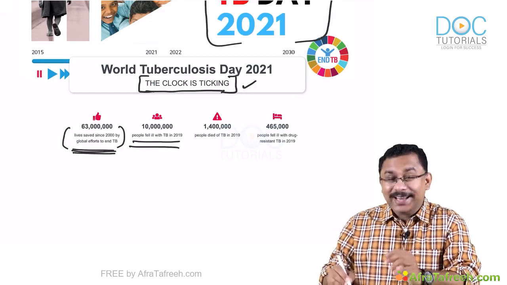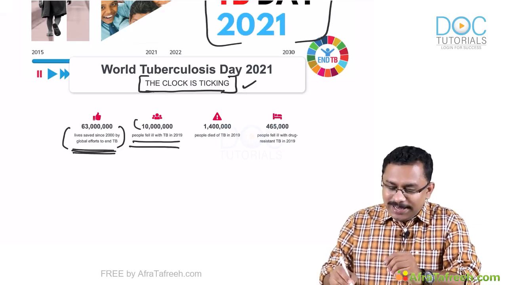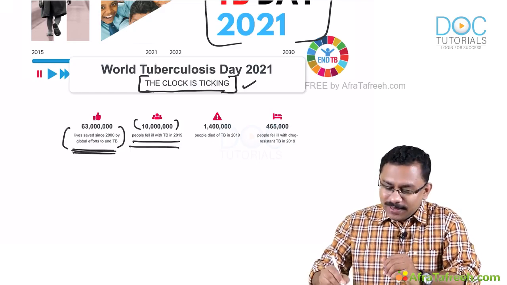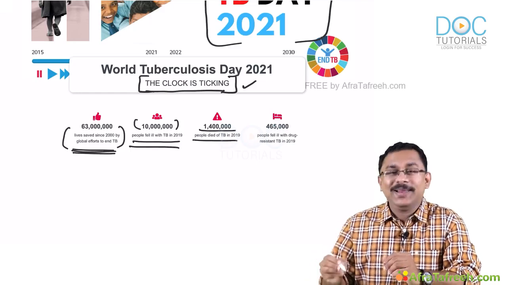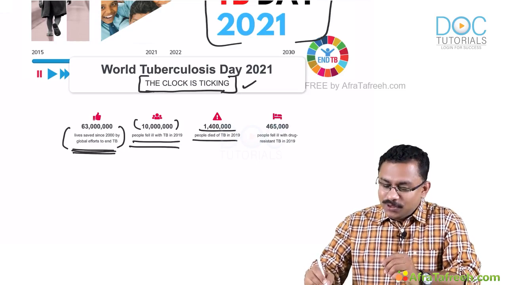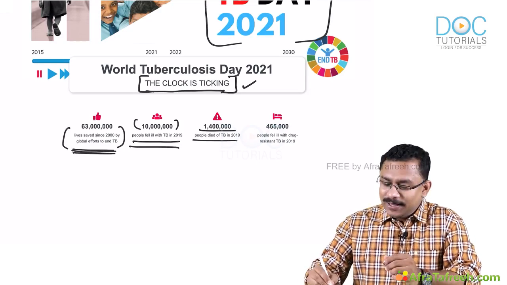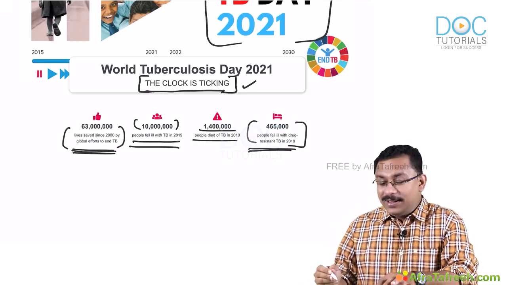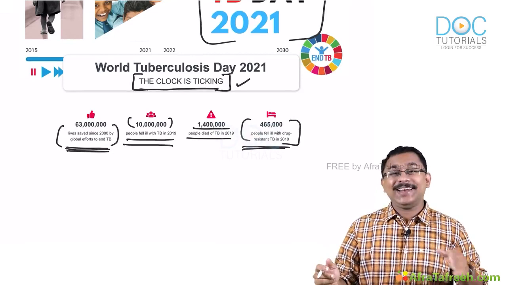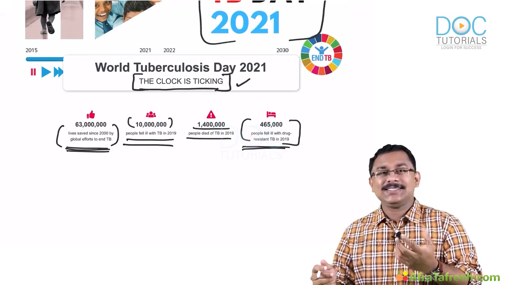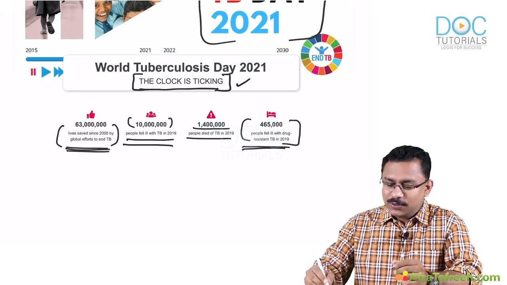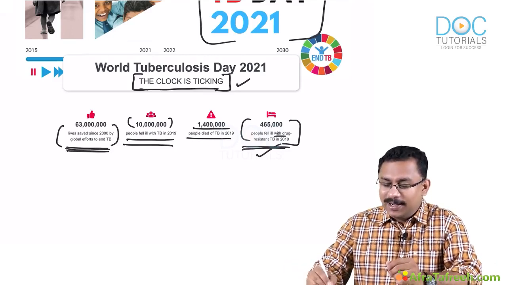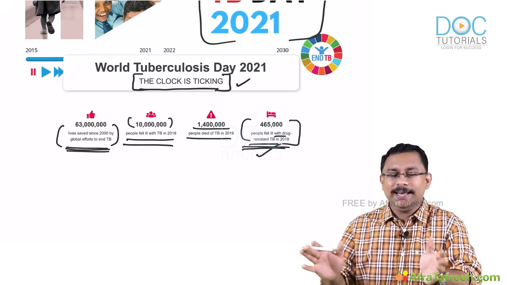In 2019 alone, 10 million people fell ill with tuberculosis, and 1.4 million died with tuberculosis. 465,000 people fell ill with drug resistant tuberculosis. That again is a major challenge, the drug resistant tuberculosis. So 465,000 contracted drug resistant TB in 2019.